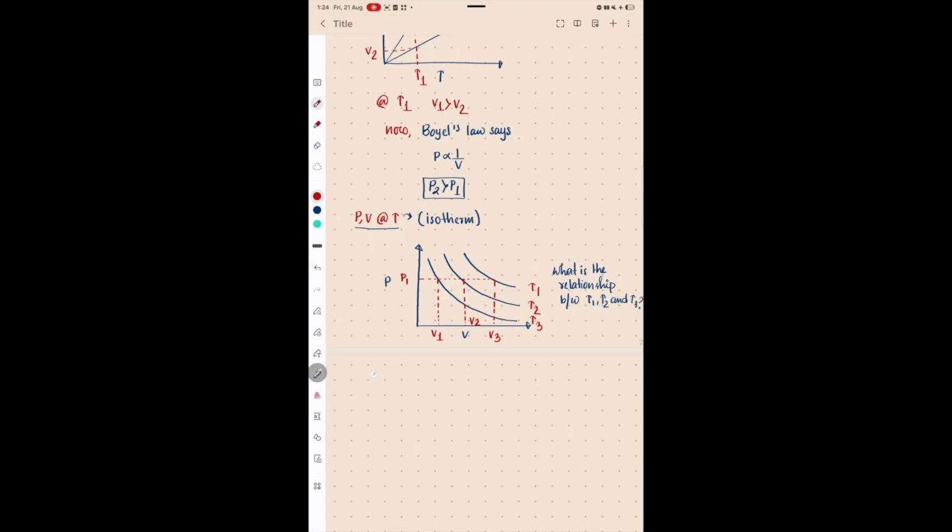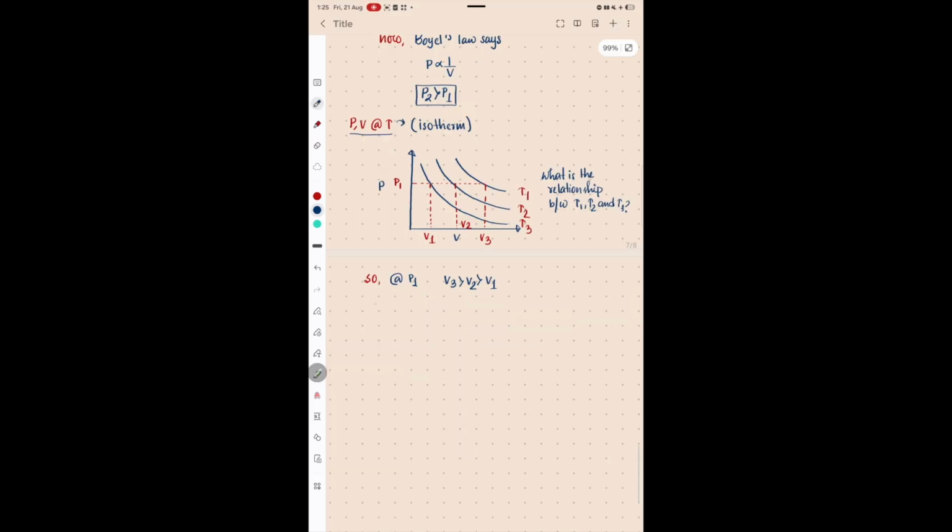So at pressure P1, V3 is greater than V2 is greater than V1, yes or no, right?